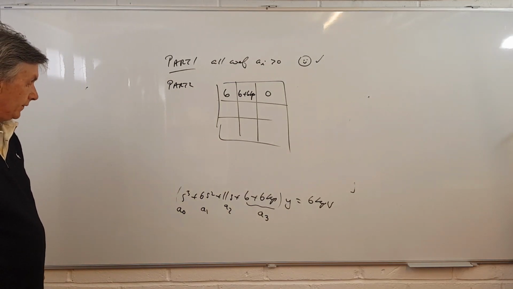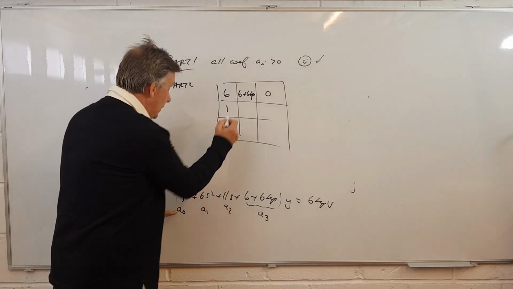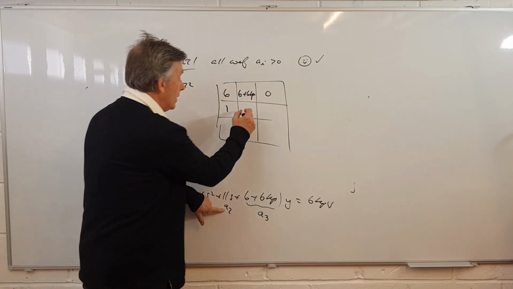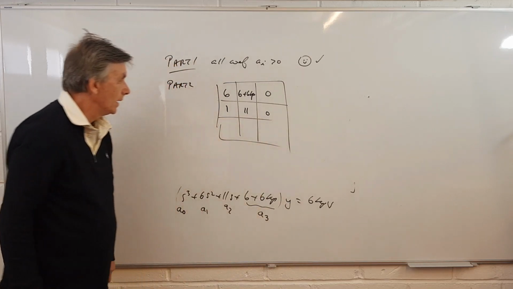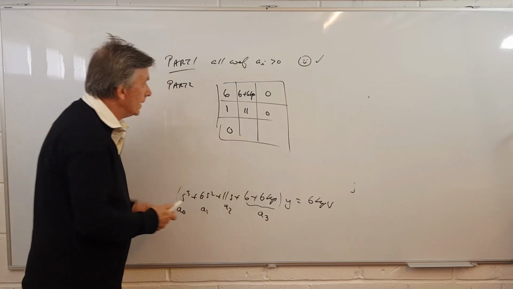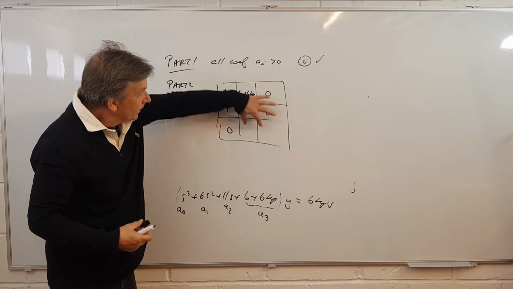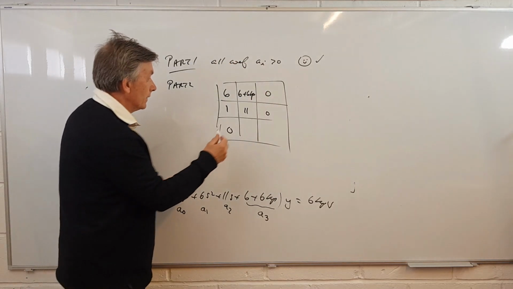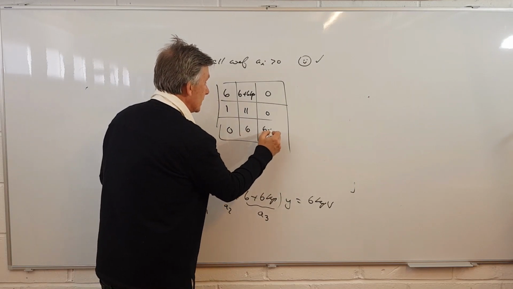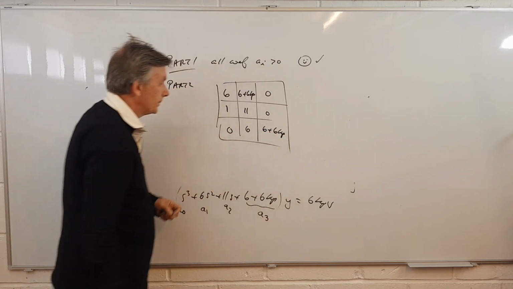Then we put in the even coefficients, which will be 1 and 11 and 0. Then we put a 0 in here, and we copy this part here into here. That gives us 6 plus 6 Kp.